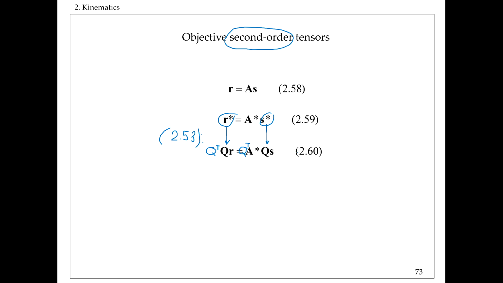We didn't change anything really, and then of course we remember that this is a proper orthogonal tensor, so Q transpose Q will produce the identity tensor. When we act with the identity tensor on R, we still have R. So we can write that R is equal to Q transpose A star QS.